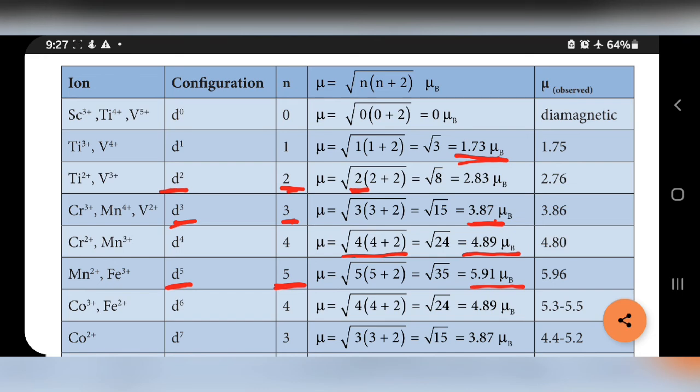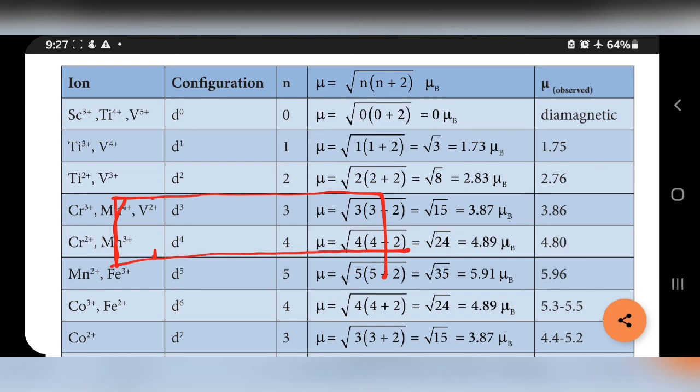Like that, for cobalt 3 plus and Fe 2 plus, the electronic configuration is D6. If the d orbital contains 6 electrons, it contains 4 unpaired electrons. See here, the d orbital means 5 boxes.